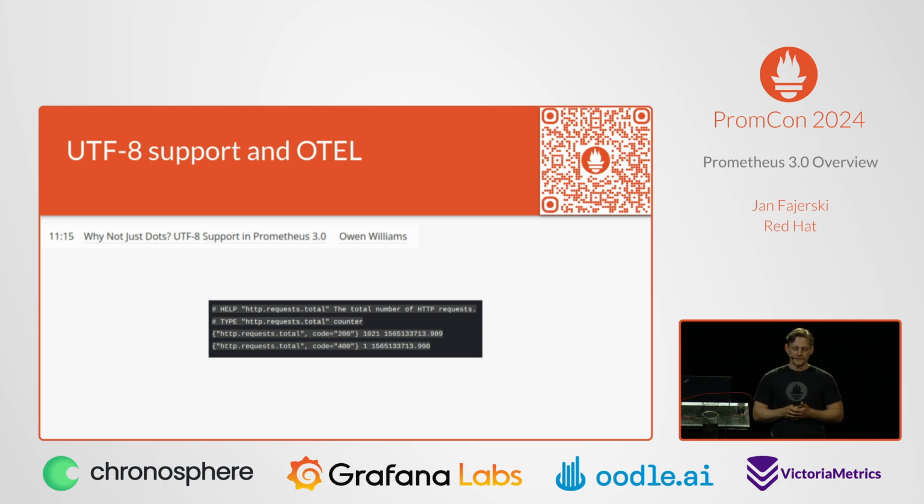So if you ingest these dots, they simply get translated to underscores, until 3.0, that is. So Owen will talk, I think, also today, about UTF-8 support in Prometheus. That is UTF-8 for label names and metric names, which of course will improve the OpenTelemetry experience massively.